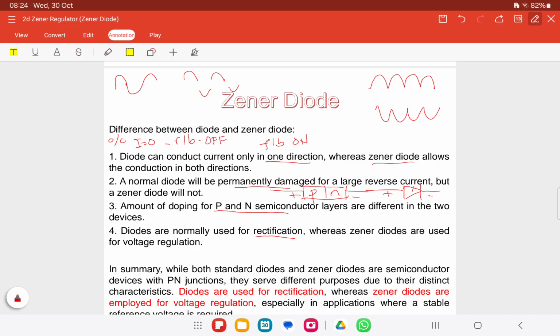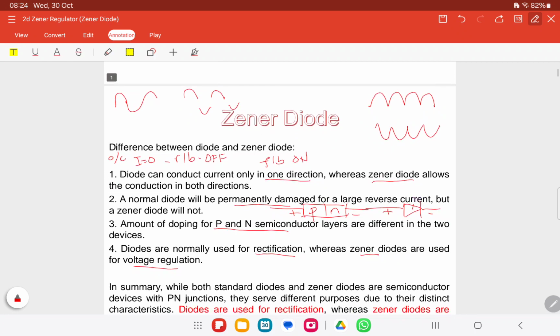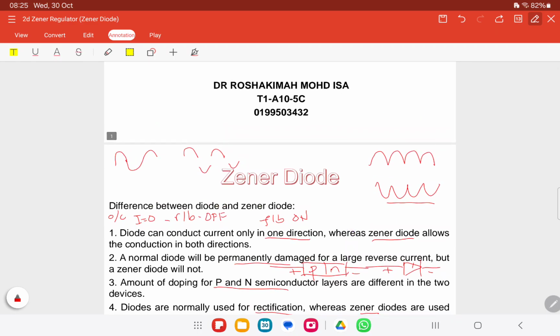And for the Zener diode, we use it in voltage regulation. After the rectifier, we go to the filter. After that, we go to the voltage regulator. After the filter, it will become slightly different, it takes only the upper part.